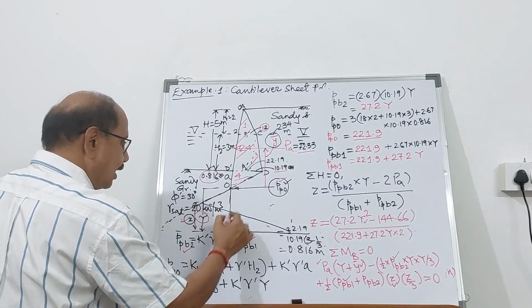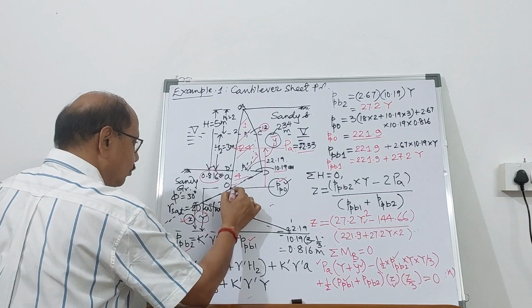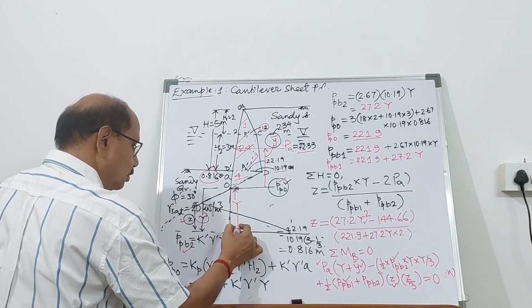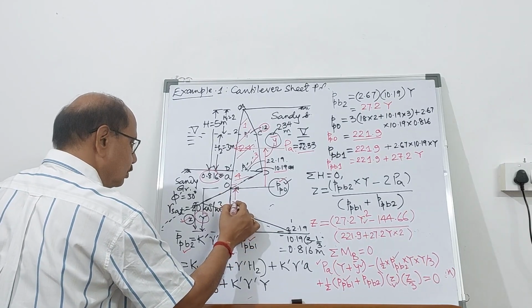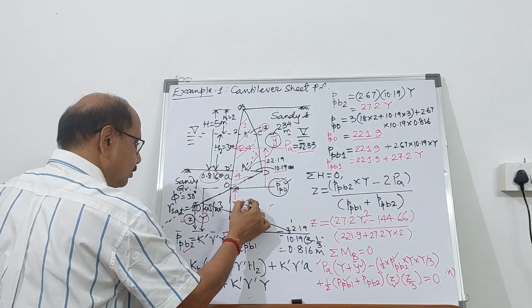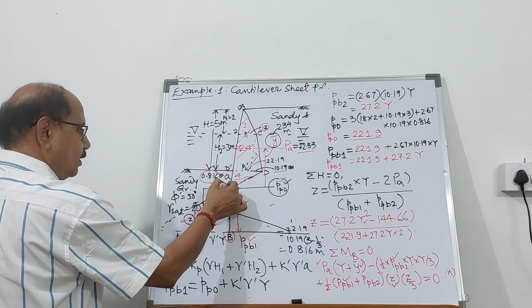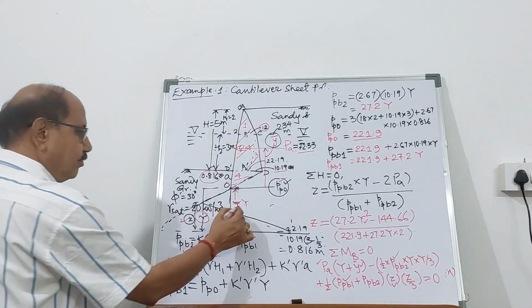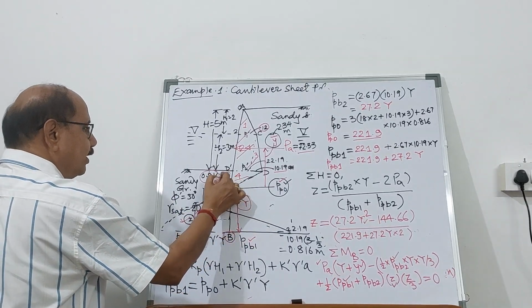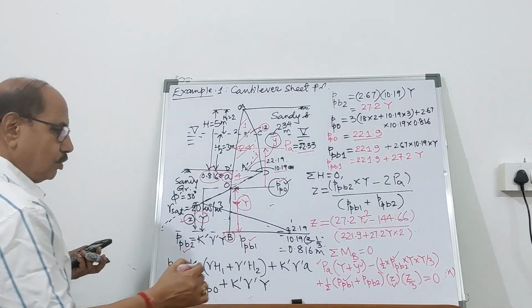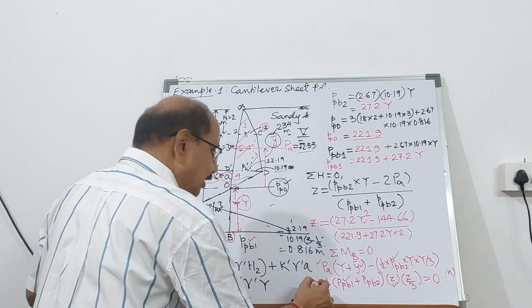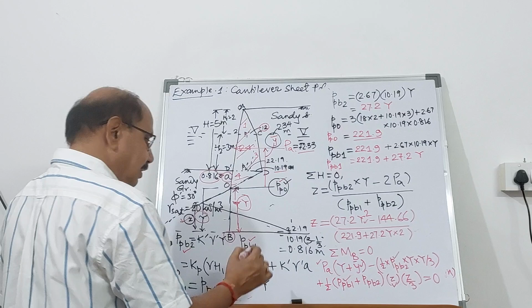So for this triangle, this is the y value, from here to here. O to B will give you y. A is already known. So just solve this equation and get the value of y.